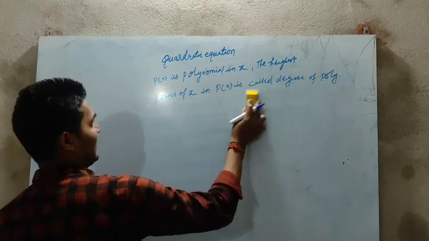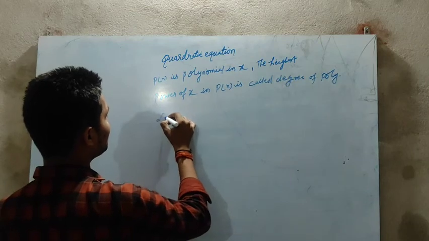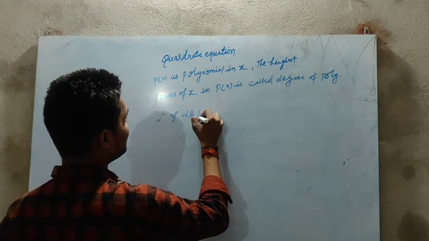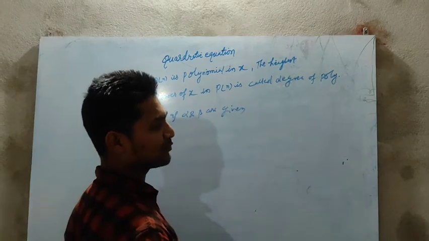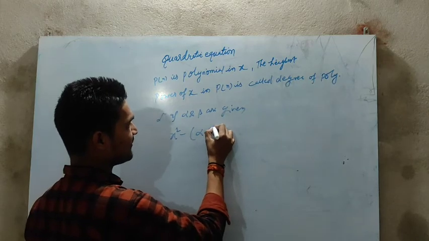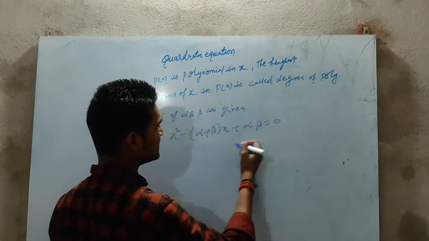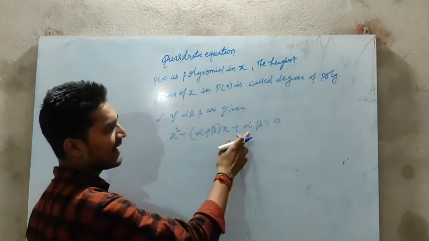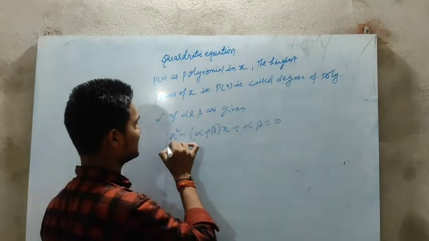Now, if alpha and beta are given, then we have to find the quadratic equation. Then the equation is x^2 - (alpha + beta)x + alpha × beta = 0, where alpha + beta and alpha × beta are the sum of roots and product of roots respectively.